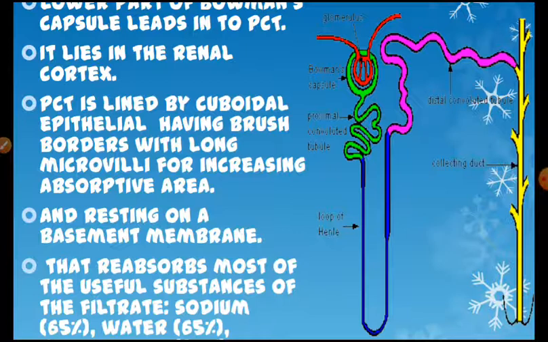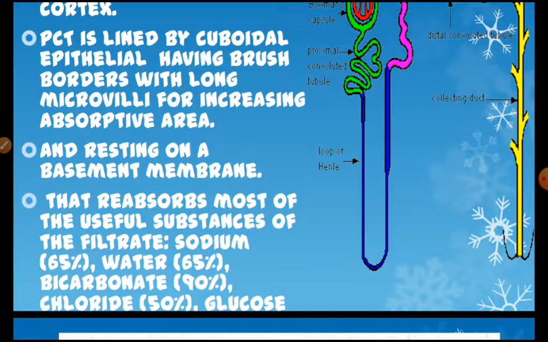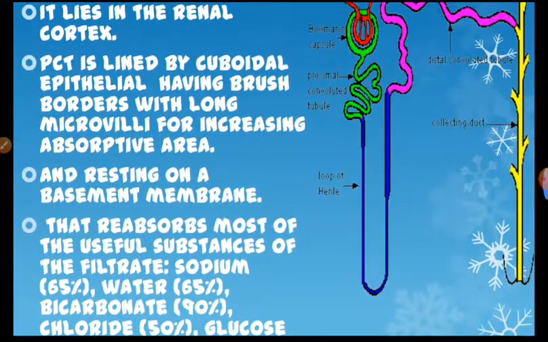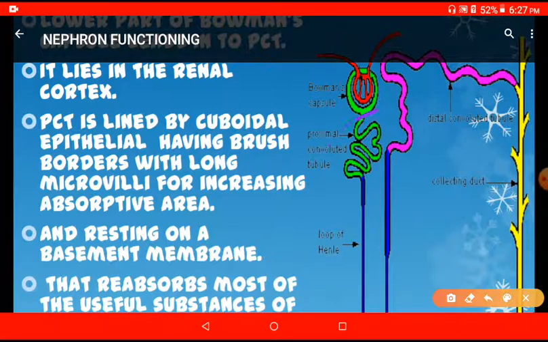It reabsorbs most of the useful substances of the filtrates like sodium and water, then bicarbonate, some chlorides and glucose. So this is the PCT, that is proximal convoluted tubule. In this picture you can see the PCT here, present in green color.